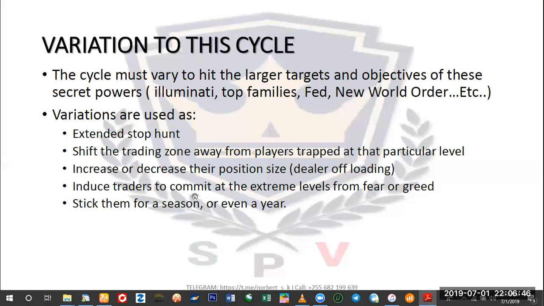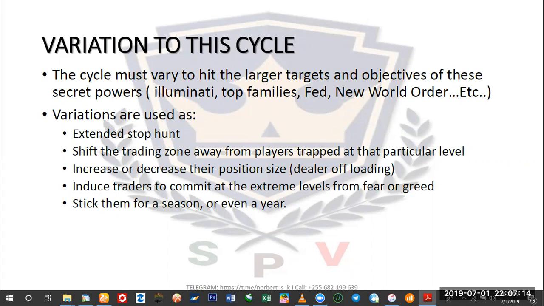Sometimes the dealer may use the variation to induce traders to commit or to take trades at extreme levels from fear or greed. So you see the price is extending on certain levels. See there's a certain extension, like the cycle is complete, but the dealer is extending the price because he needs to induce traders to commit there.